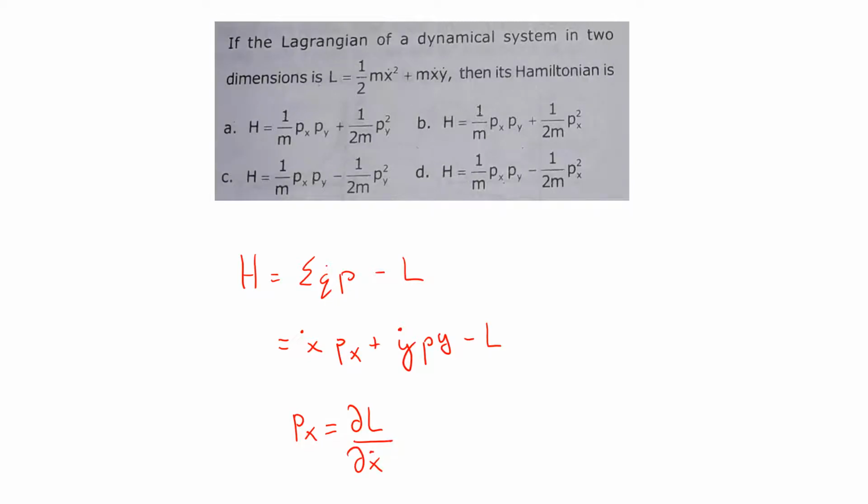So the Lagrangian is there, take its partial derivative with respect to x dot and what you get is m x dot plus m y dot. So similarly you have to find for py. So py is of course the partial derivative with respect to y dot. So this is m x dot.